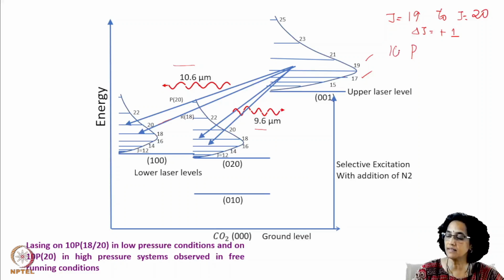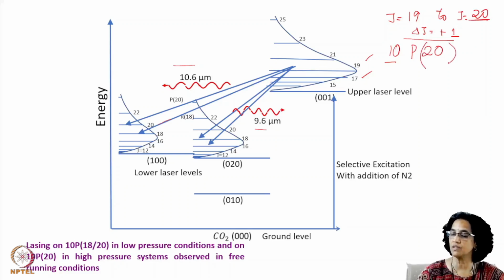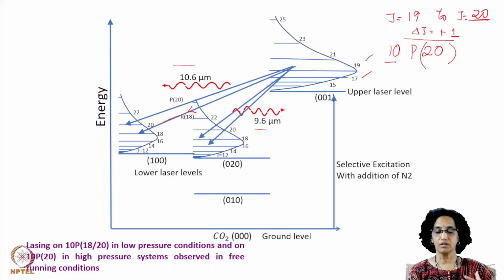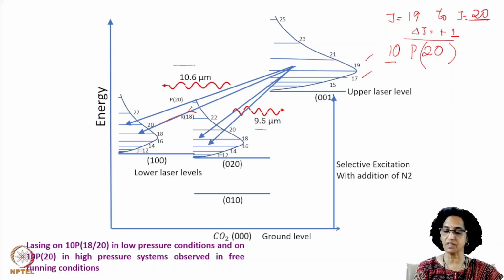Since it is in the 10 micron band, we write 10 first. Since this is a P branch transition, then it is P, and we write the terminating level, which is 20. So the nomenclature for this transition is 10P20. This is the most normally encountered transition which happens in the case of a CO2 laser. So you have 19 to 20, that is 10P20.